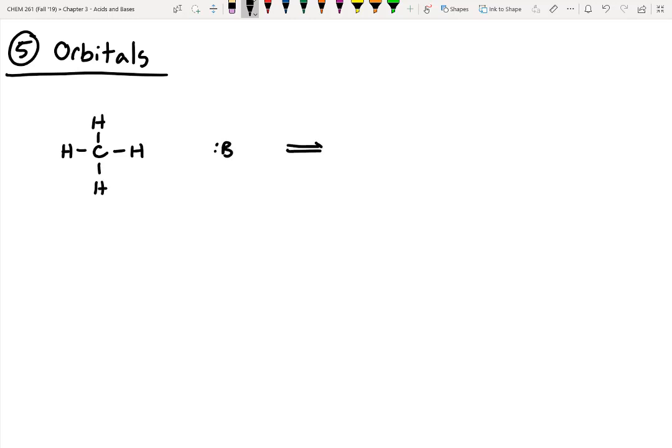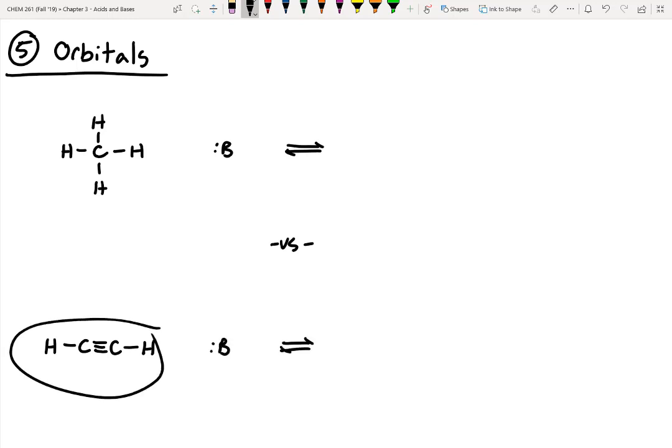Say we've got methane and a base versus, oops, let me include my carbon there, acetylene. Does anybody know what acetylene is used in on the bottom here? Torches, welding torches, right? So oxyacetylene torches actually use this molecule. Methane on the top is just natural gas, essentially.